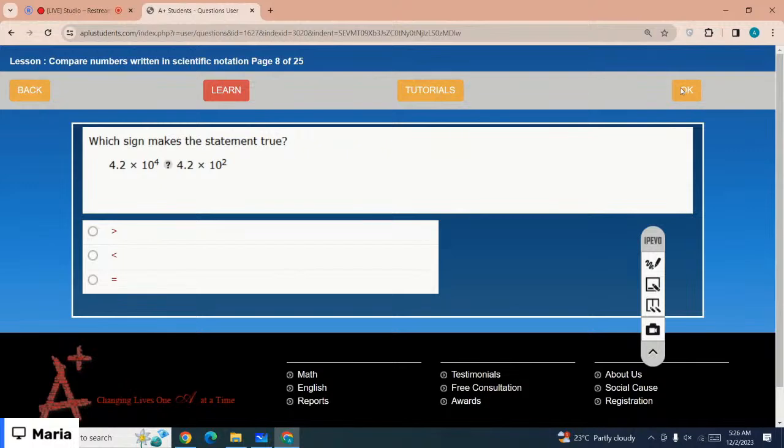Yes, 4.2 times 10 exponent 4 is greater than 4.2 times 10 exponent 2 because it has a greater exponent, right?